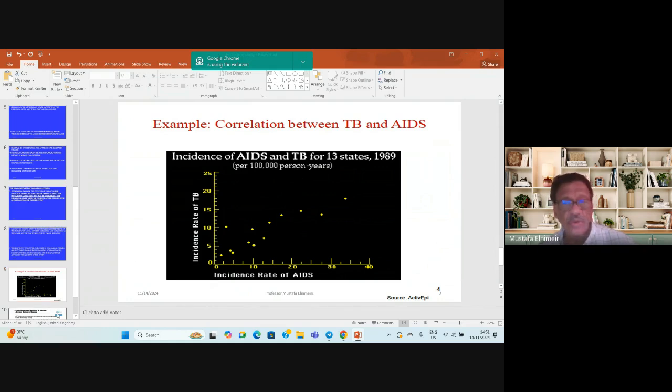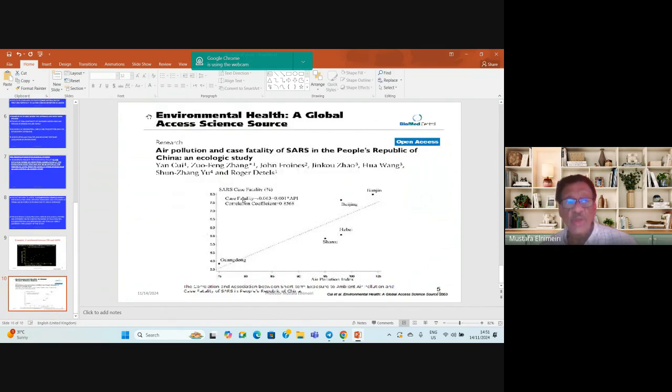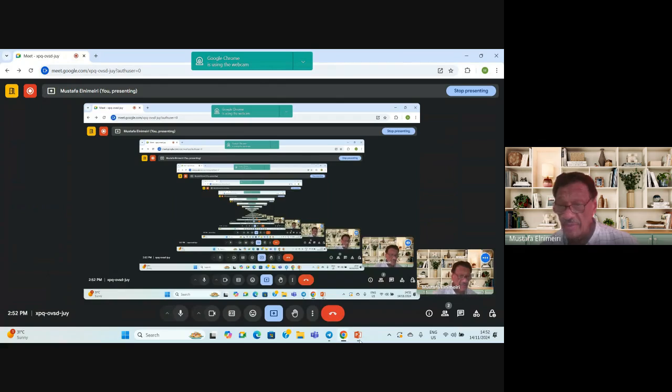And here we have another example where we compare air pollution and case fatality of severe acute respiratory syndrome in the People's Republic of China, an ecological study conducted by a group of researchers and published in Environmental Health Global Access Science Source.